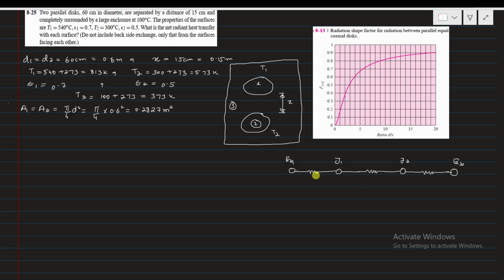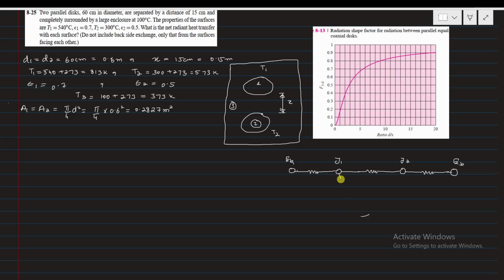So Eb1 has surface resistance, also Eb2 has the surface resistance, but surface resistance for Eb3 will not be considered because its surface area is very large, so its surface resistance will be approximately equal to 0.